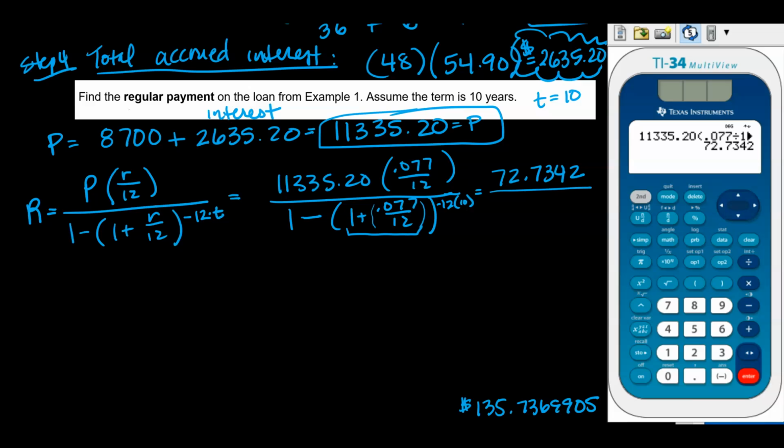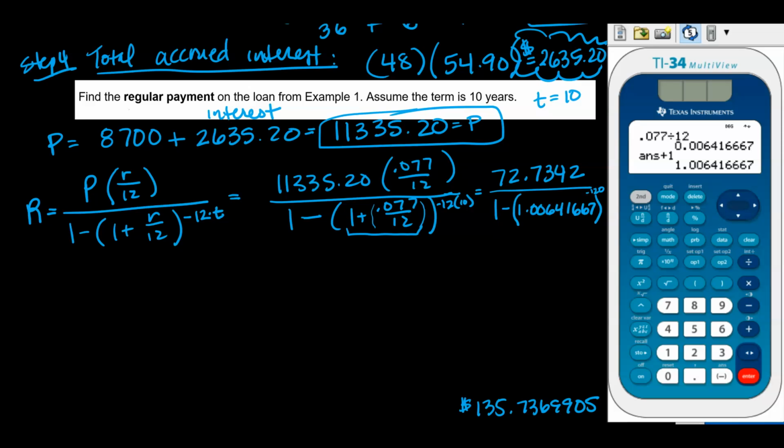If you want to make it quicker, just do 0.077 divided by 12 equals, and then add 1, and then we get this number. And so I'm going to write 1 minus 1.006416667, and then it's raised to the negative 120 power.